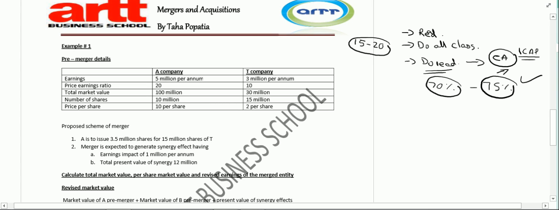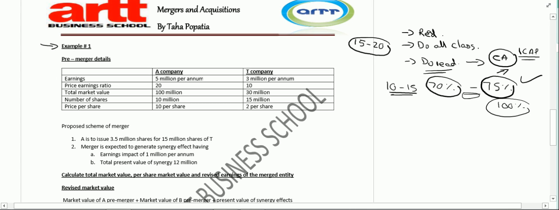The exam time is really short for the BFD exam, so doing 70 to 75% is absolutely fine. You are not expected to do 100% of all questions, but you must practice all exam questions, and I will solve around 10 to 15 questions at least during the lectures.